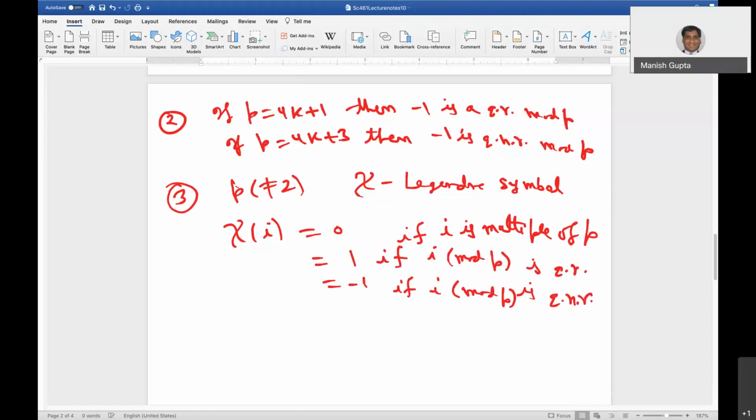So this is a function which characterizes whether a particular integer is a quadratic residue or quadratic non-residue, right?